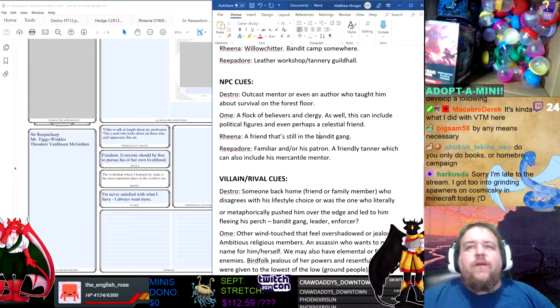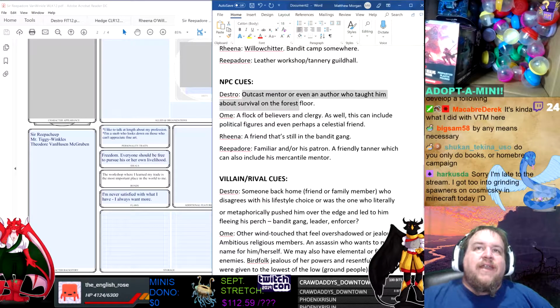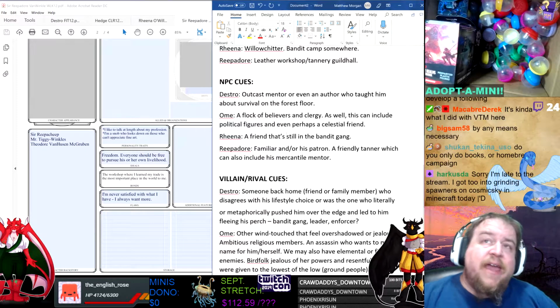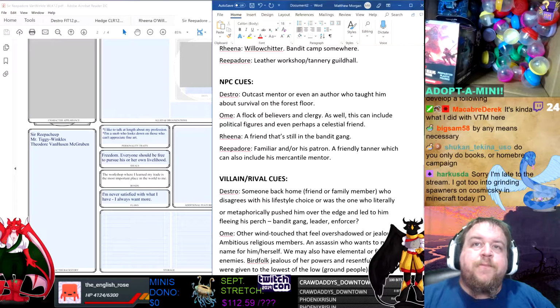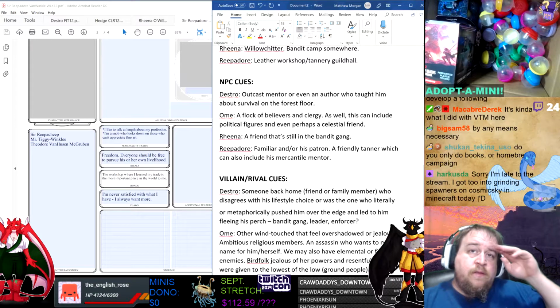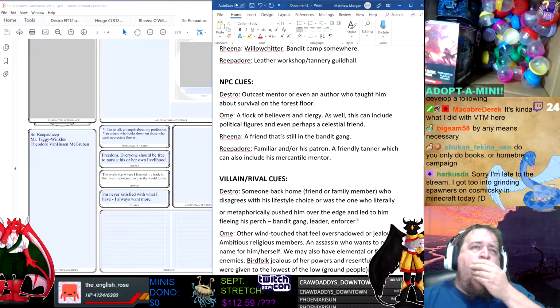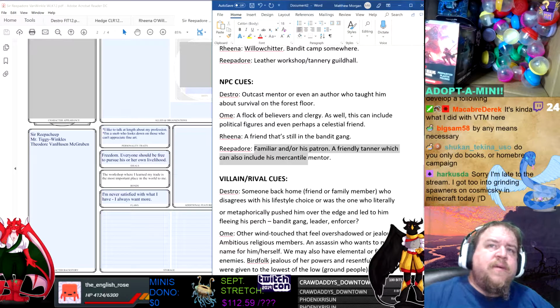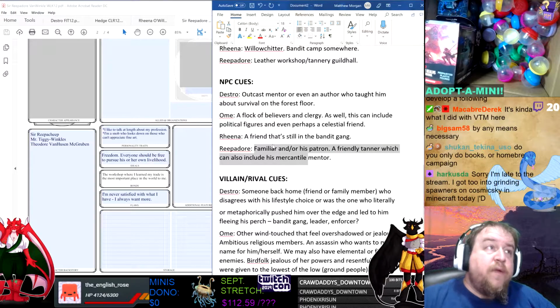So I'm kind of thinking we can develop an NPC that is this connection between these two. Of course, it's still a person in the bandit gang. And tangentially, this NPC could even have had a dealing with Reapador in the past.